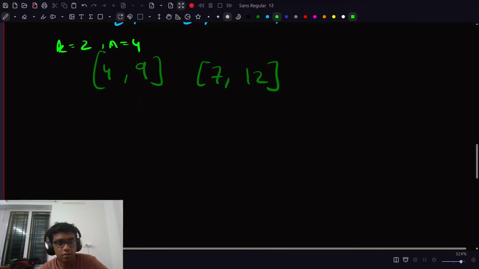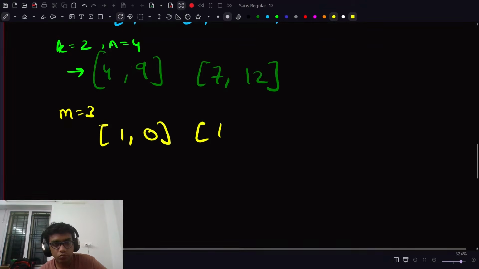Then we can choose m equals 3, and we can make both the arrays equal.